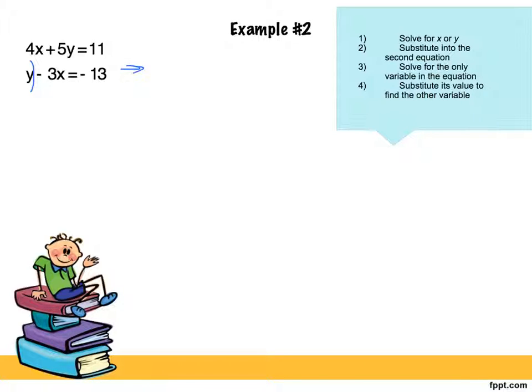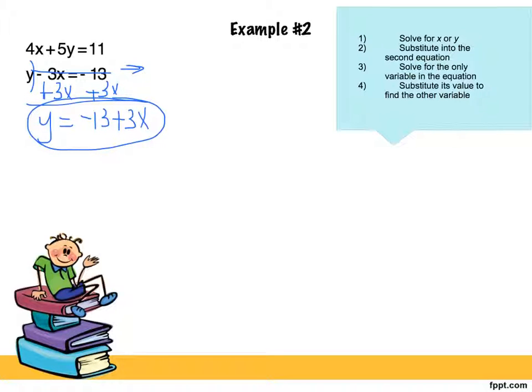If I were to solve for y here, I would add 3x to both sides. So I would get y equals negative 13 plus 3x. So now I don't even care about that first equation anymore. I'm looking at this one.